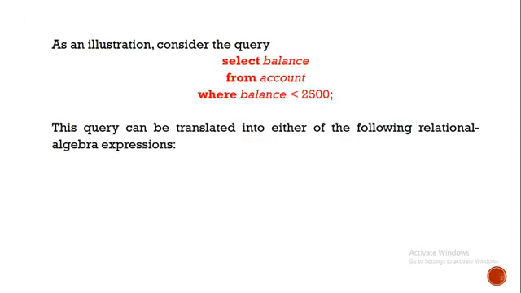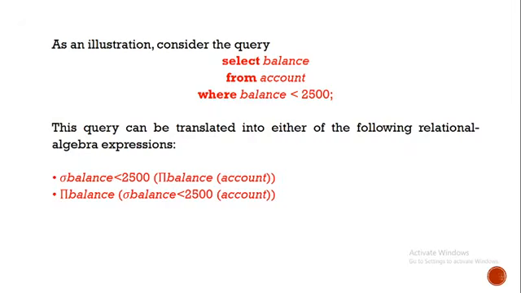So let's take an example. Select balance from account where balance is less than 2500. Now we will understand the role of the optimizer. This SQL query can be converted into more than one relational algebra expression. Here we can see in the first one, the balance attribute is selected from the account relation, and then afterwards those tuples are selected where the balance is less than 2500.